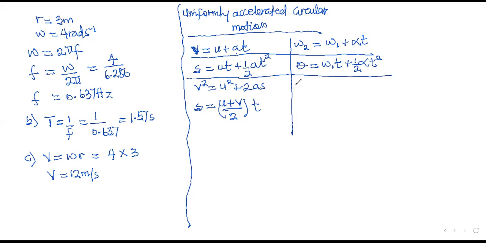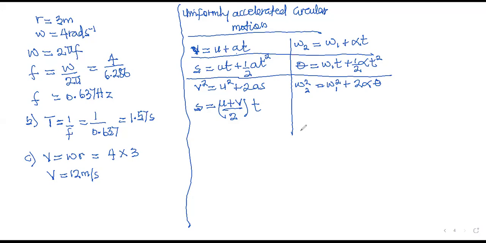Equation 3, we have omega 2 squared is equal to omega 1 squared plus 2 alpha times theta.